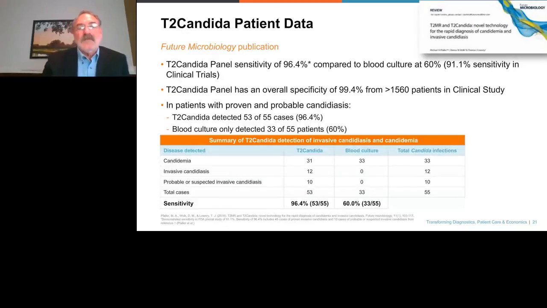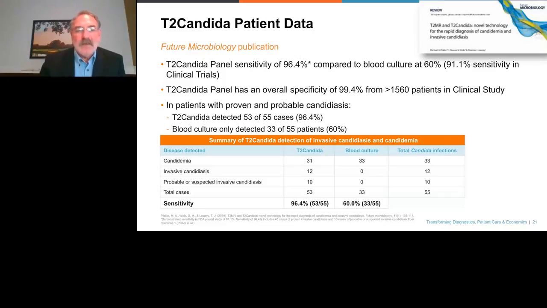Here's some data for T2Candida. This is from a paper that we published last year, which is subsequent to the clinical trial. So we were able to add additional cases of candidemia or invasive candidiasis, as you can see in the table below. So we had 33 total candidemia cases, T2Candida being positive in 31, blood culture obviously in all 33.